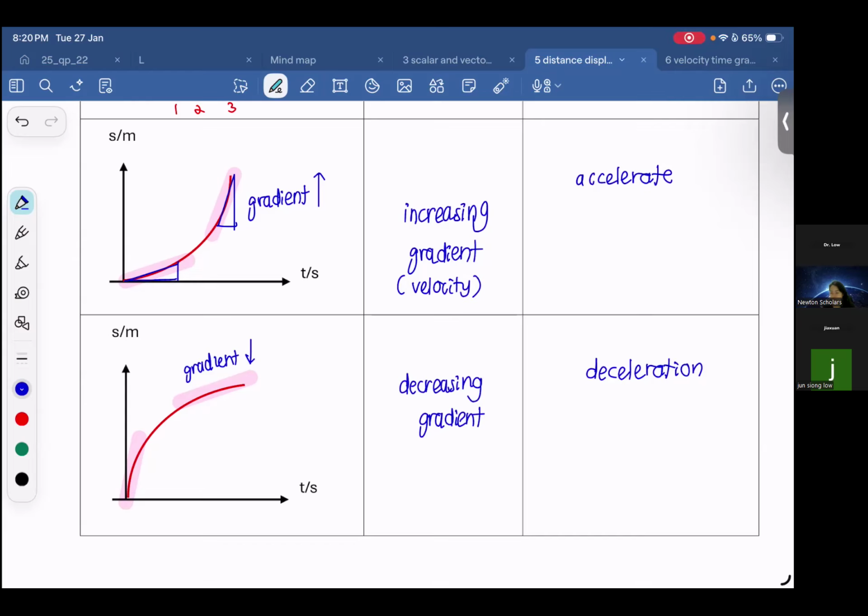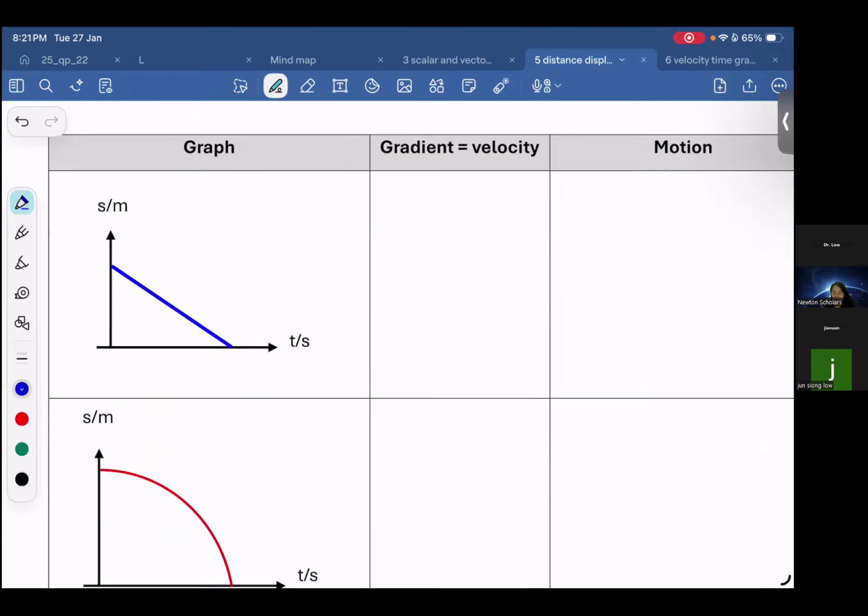Okay, is it okay? Can we proceed to page number 4? Okay, so we look at this. Now, because this is a displacement, that means it might be changing direction. It might change the direction, okay? So you look here, just now starting at 10 meter.